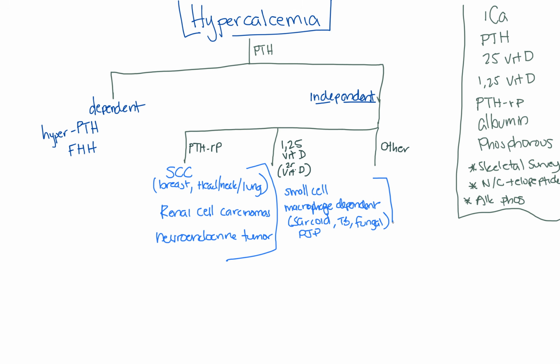Finally, under other, let's move this over here. So under other, you have your hypercalcemia of immobility. You have your lytic bone lesions when you have certain cancers that cause bone lesions like breast or prostate, for example. Your multiple myelomas can get really, really high calciums.